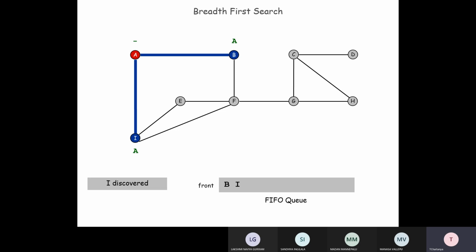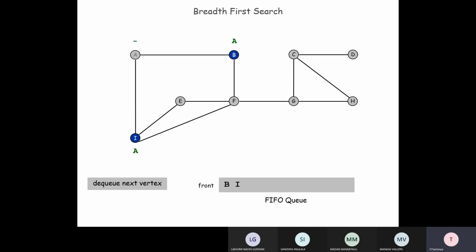Now we recognize that node A moves to B as case one, as well as the second neighbor I. The search places point B as well as point I through node A, because these two are the neighbor nodes of A. Now we'll start from B. Whenever we have a vertex A, we find B as well as I are the vertices.